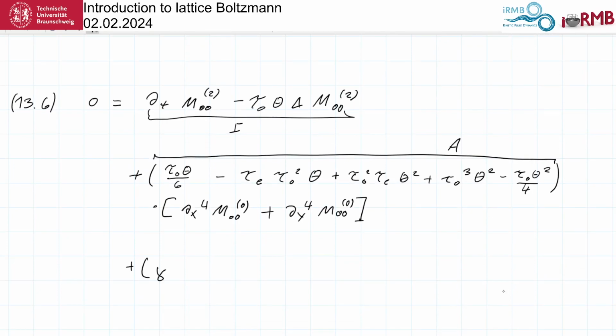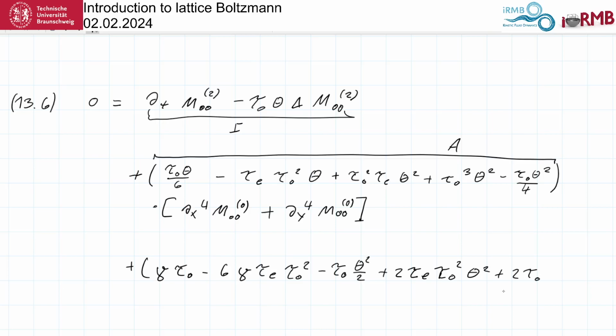So the mixed term goes then in gamma tau odd minus 6 gamma tau even tau odd square minus tau odd theta square half plus 2 tau even tau odd square theta square plus 2 tau odd cube theta 2.